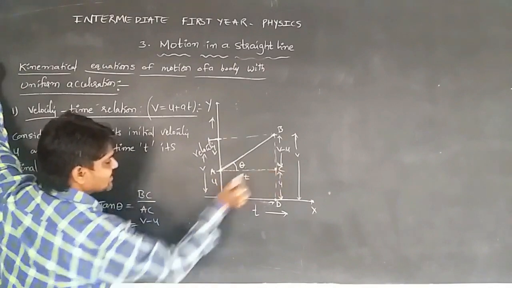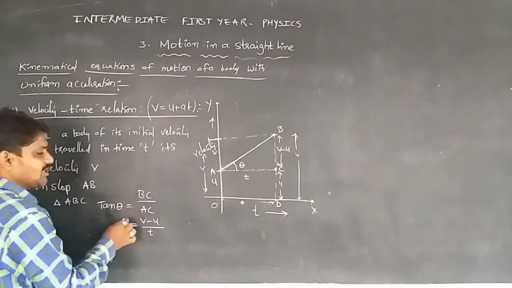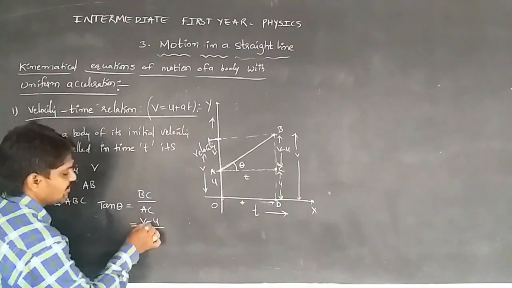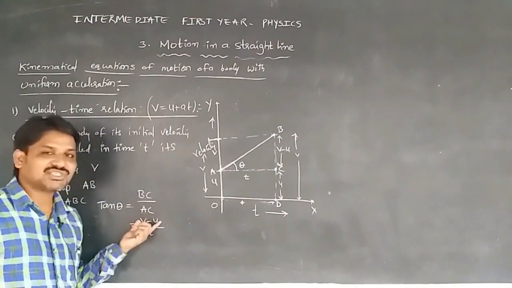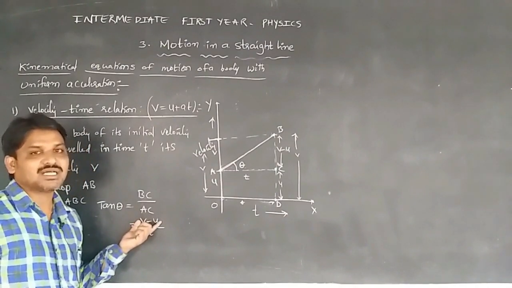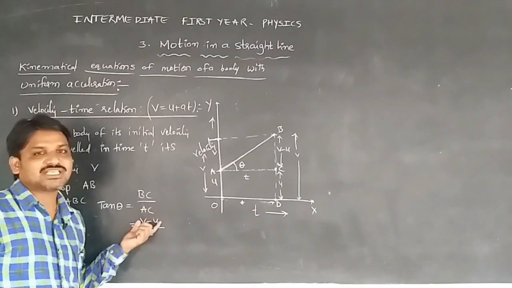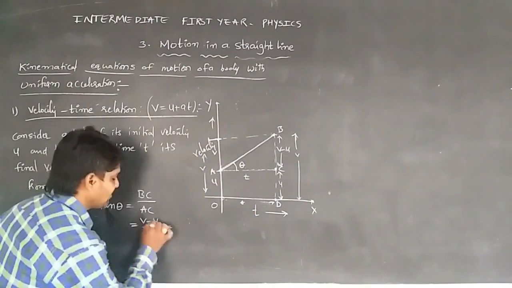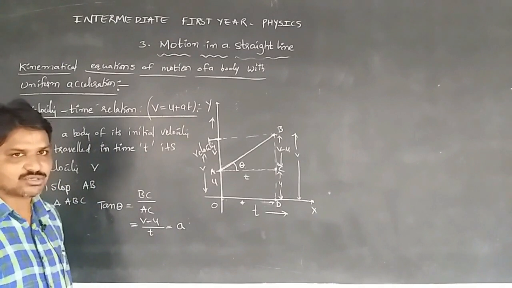And AC is t. So v minus u by t is equal to tan theta, and this is the definition of acceleration, the rate of change of velocity, the change in velocity with time. So we can write that v minus u by t is equal to a.